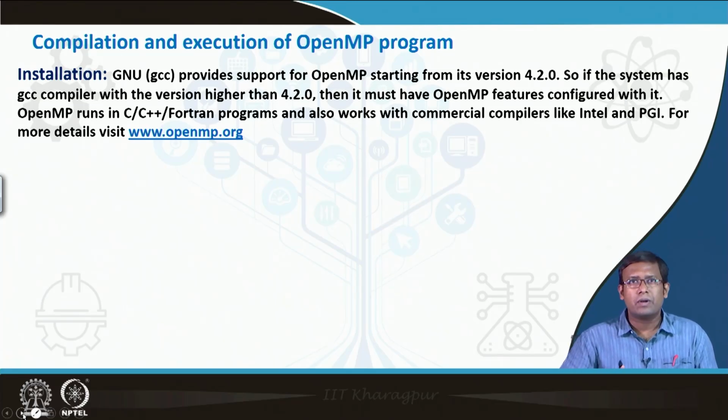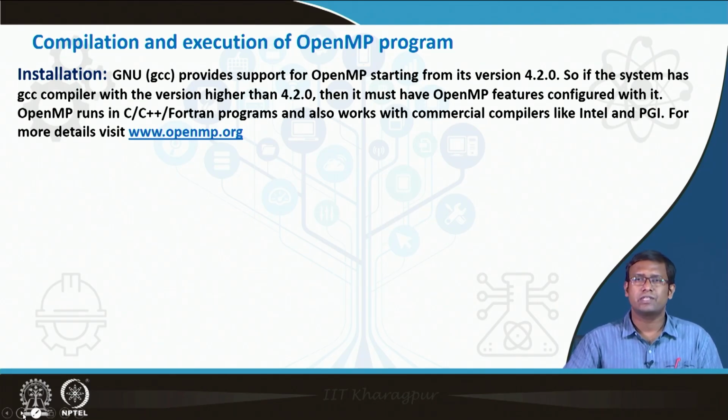So the next important step is how to install OpenMP. If you have to self-learn OpenMP and run OpenMP programs, you need a platform where you can compile OpenMP jobs. So the important part is installation. Fortunately, if you have GNU compilers, GCC for C, C++ and Fortran, you already have OpenMP in case the GNU version is greater than 4.2.0.